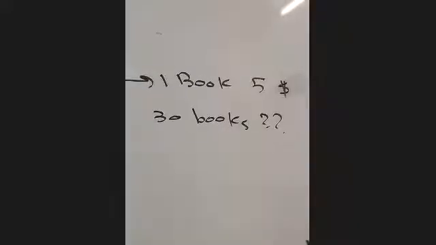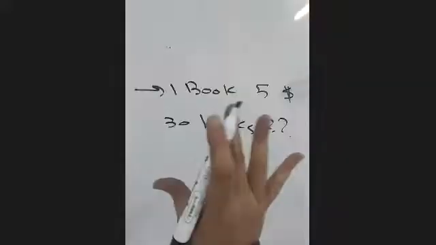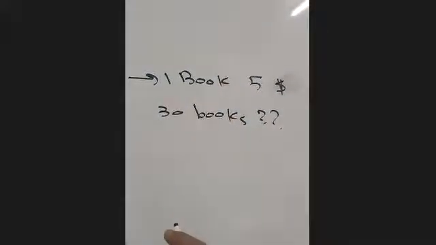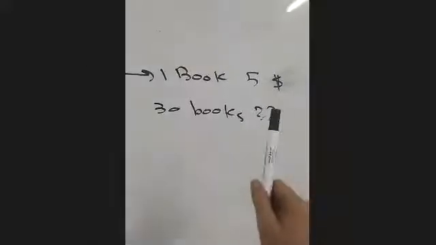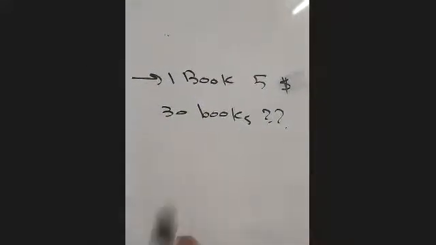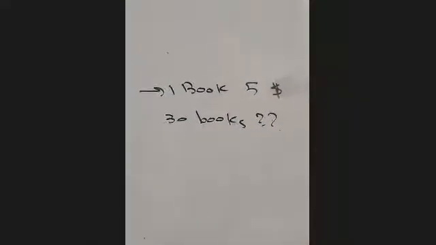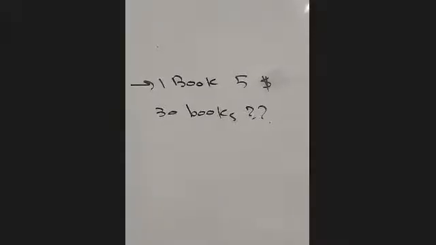From where do you get the 12? Forget the 12. I'm here now. Do you see the board? Yes. If the price of one book is $5, what is the price of 30 books? What do I do? Multiply what with what?